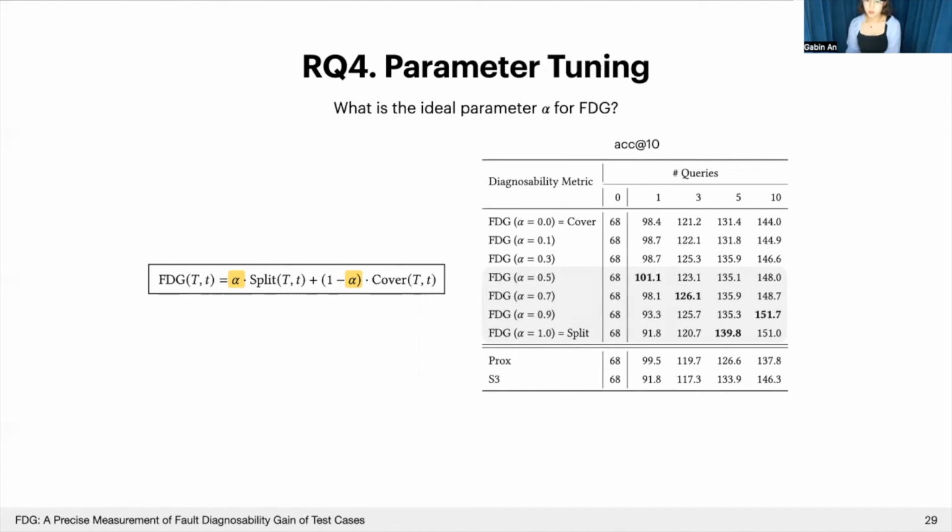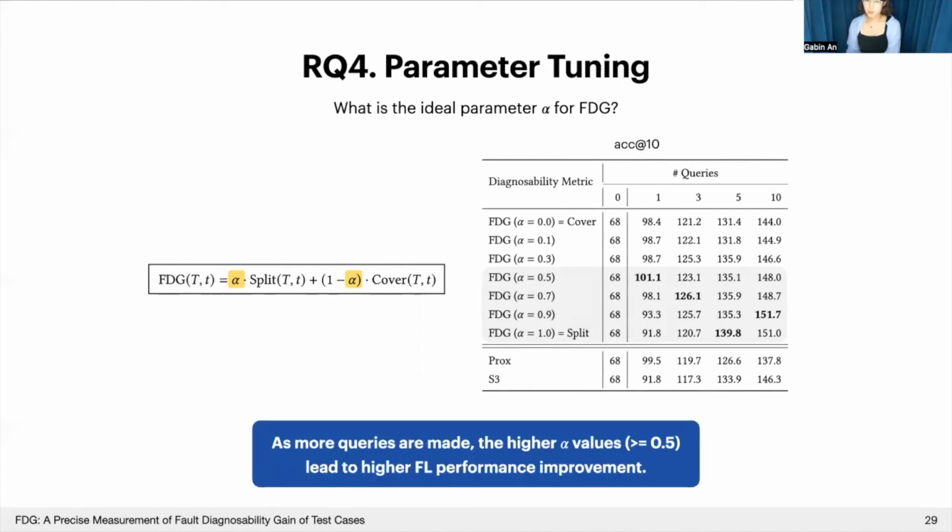The results show that higher alpha values, which put more emphasis on split, tend to produce better performance. Although alpha needs to be tuned when used in practice, these results show that FDG can outperform the best performing existing metrics even with the default setting.